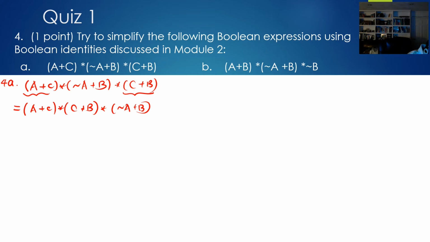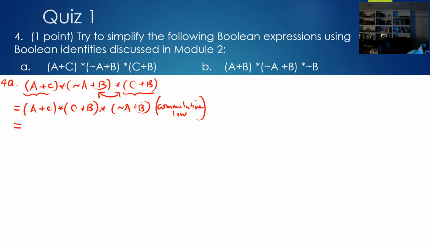Now we switch these two items. Why can we do this? This is the commutative law. We can switch the order because this is the AND operation.